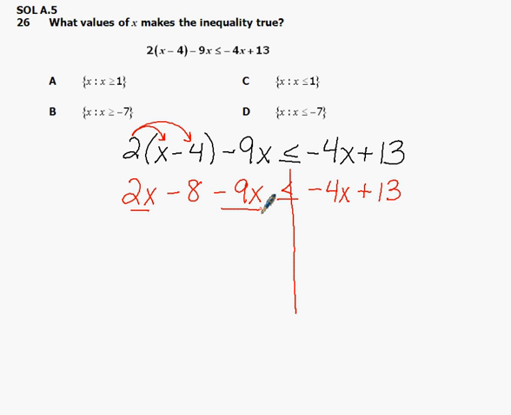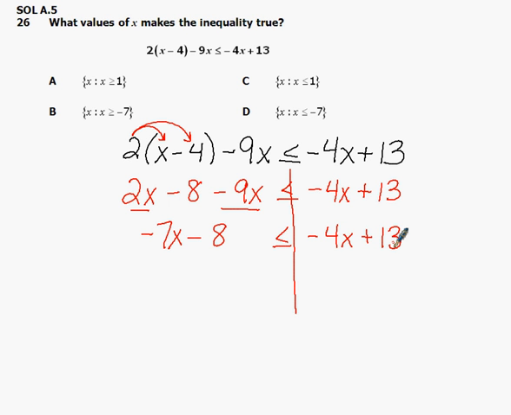So we're going to do the problem 2 minus 9, which is a negative 7, and because they both had an x, we leave it as an x. But the negative 8 doesn't go anywhere. It's still part of our problem. It stays there on the left-hand side. And again, on the right-hand side, the negative 4x and the plus 13 cannot be combined because they don't both have a variable, so we leave them the same.